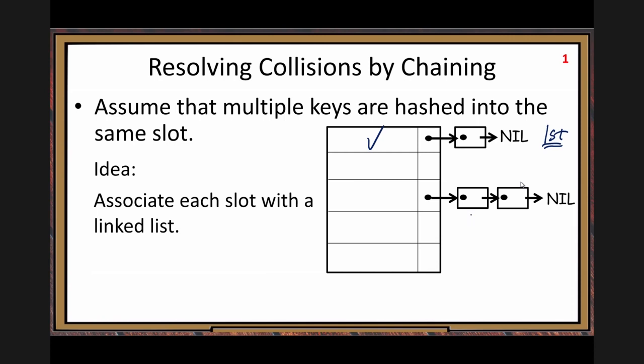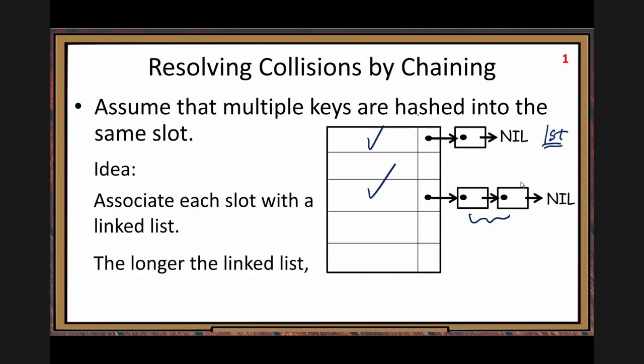This one, you have two elements hashed to an occupied slot. But later, you happen to hash two more elements to the same location, so you put them in the linked list. Okay? That's the chaining idea, the first method.